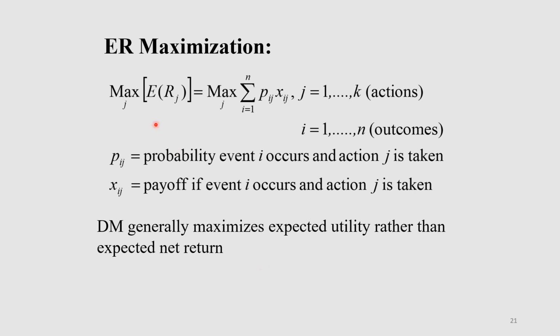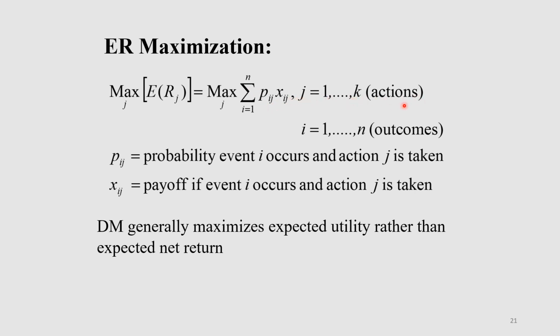So the equation that we write is: maximize over the decisions J your expected returns. So you have to pick the J, the activity set, that maximizes the sum of Pij Xij over all outcomes and all actions.